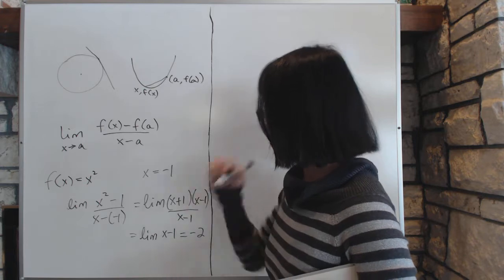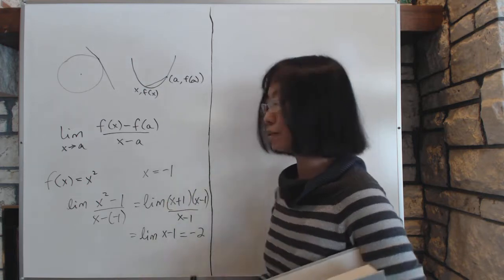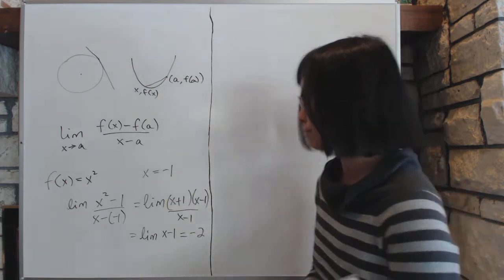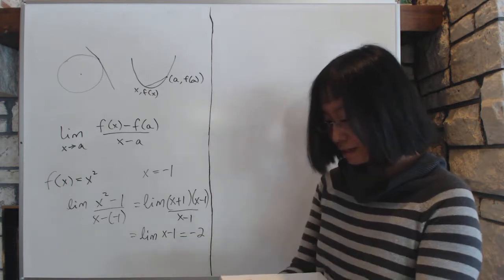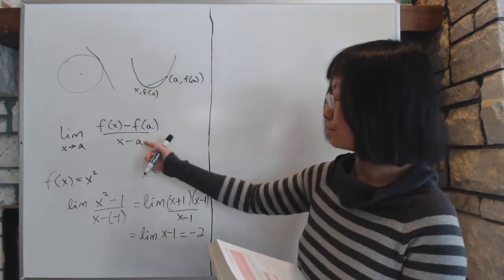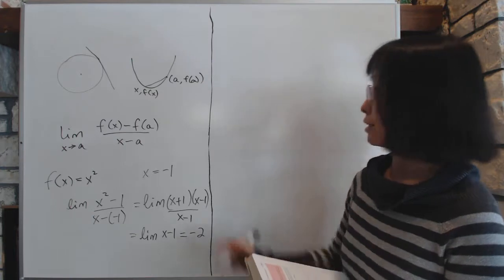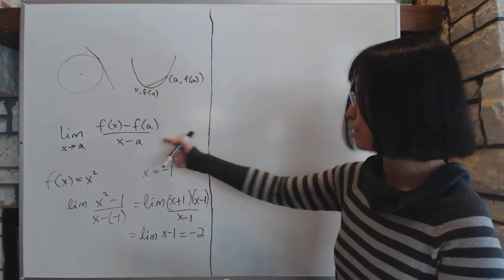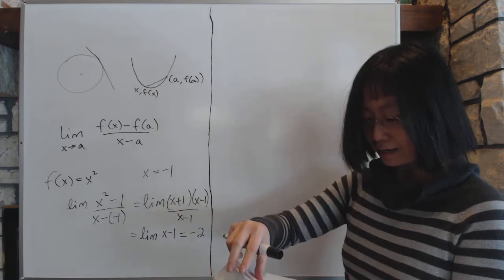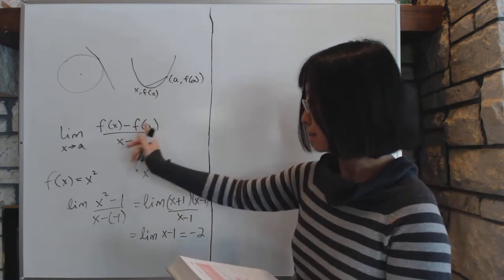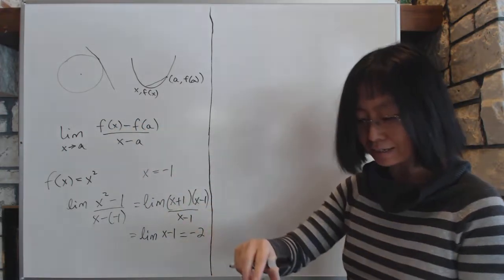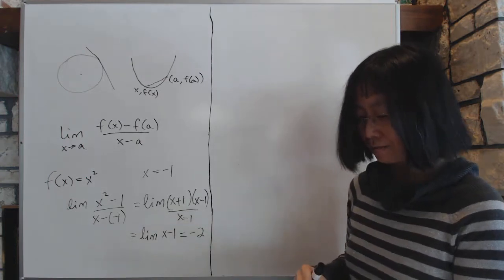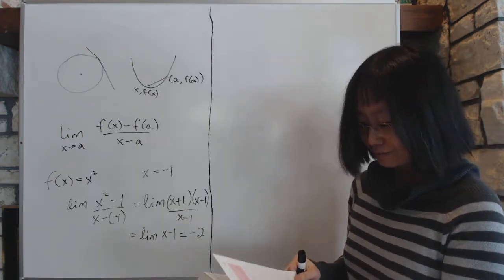And that is the slope of the tangent line that goes through the point negative 1. In general, if this particular limit exists, then we say that f has a tangent line at the specific point a, f of a. And of course, once this value is calculated, it is called the slope of the tangent line.